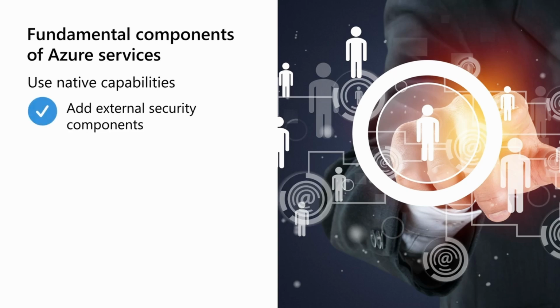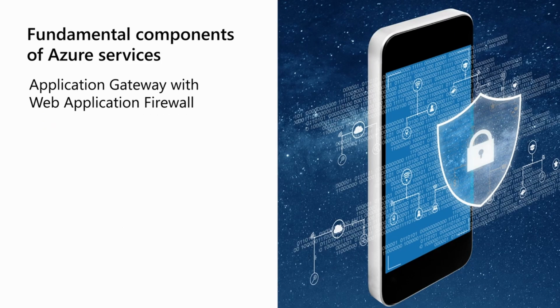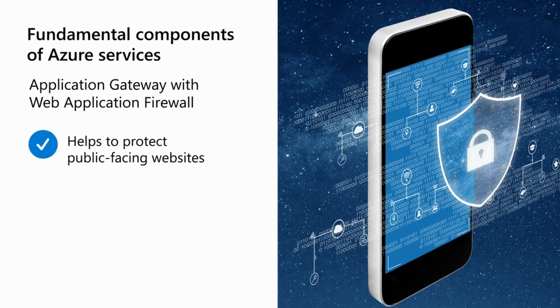Instead of using external security elements like data encryption, network traffic filtering, threat detection, and other features, you can employ these capabilities in cloud services. And the last is to use an application gateway with Web Application Firewall, also called WAF. It will help to protect public-facing websites from different types of attacks.